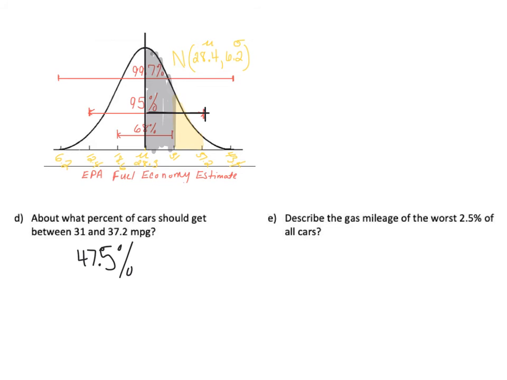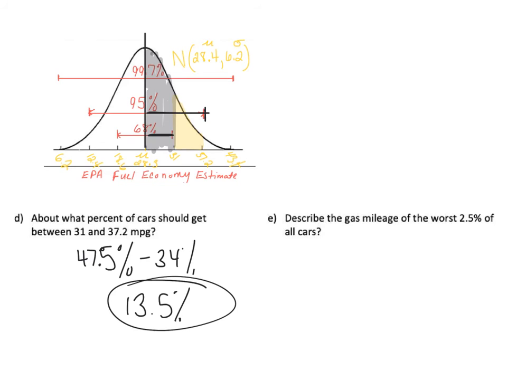But I want to get rid of the gray region right there. And I know because that's 1 standard deviation away, it would be 34%. So if I just take away 34%, that leaves me with 13.5% between 31 and 37.2. Okay, a couple other ways you could get that same number, I'm sure.